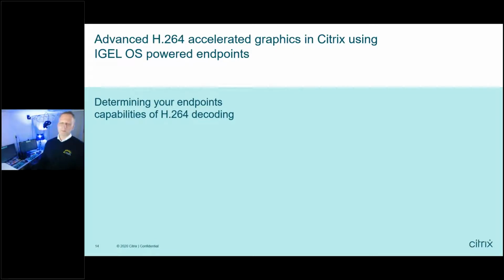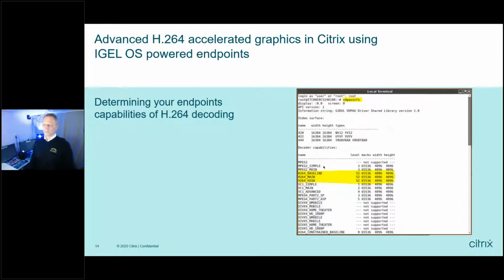And how to determine if your endpoint is capable to actually do H.264 decoding. Most current chipsets or GPUs are able to do H.264 decoding, but with certain limitations, of course.